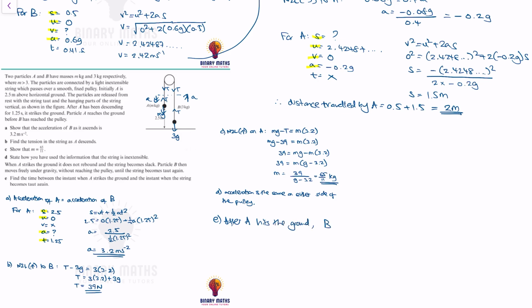B will go up and then come back to the same spot again. So B will go up to its maximum height and then come back down.